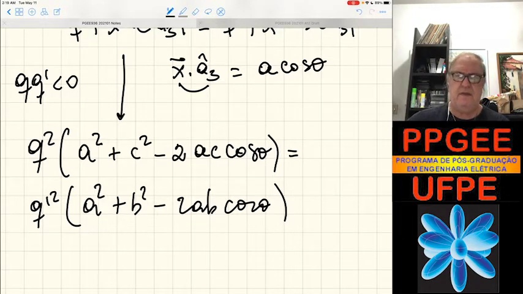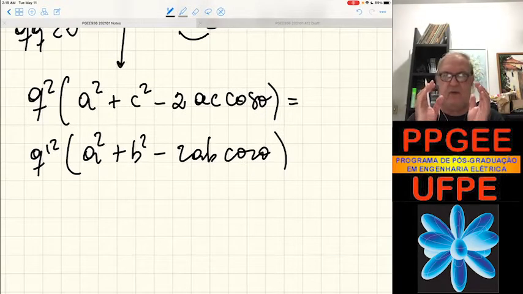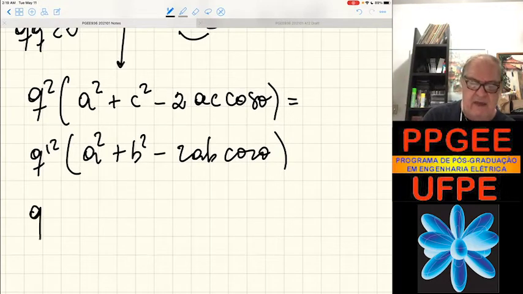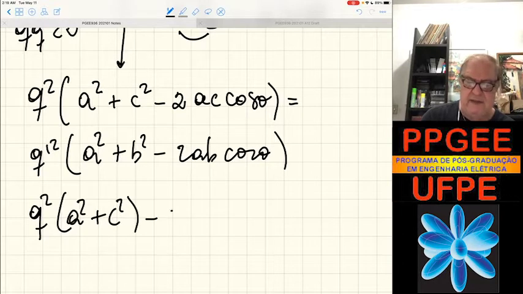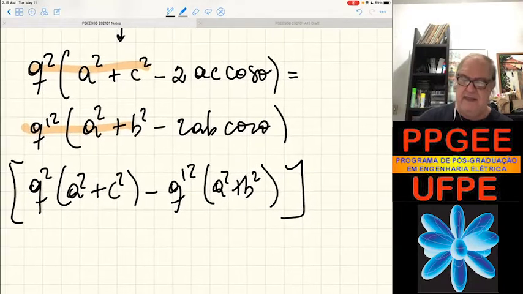I think so. Yeah. So when we rearrange, we group the constant term and the coefficient of cosine theta. We're going to have (Q² A² + C²) − Q'² (A² + B²). There's one coefficient, which is this one with that one, right? The second one is this and this.